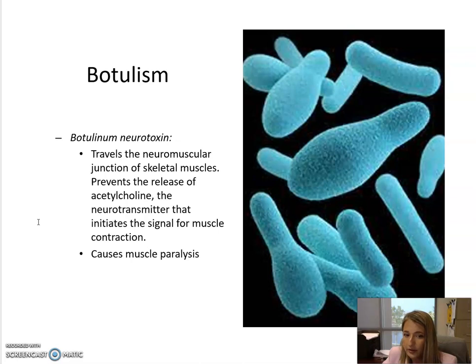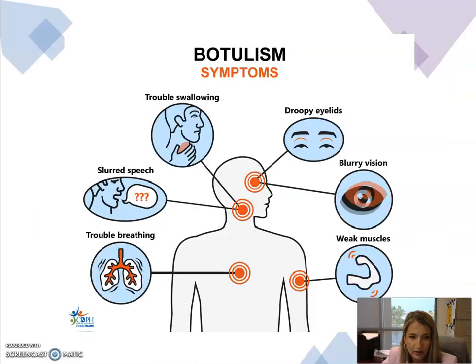And unfortunately, the botulinum toxin is odorless and tasteless, so you would not know that you'd be ingesting it. When the botulinum toxin first gets into your body, initially the paralysis is going to be in the facial region because of the ingestion of the toxin.